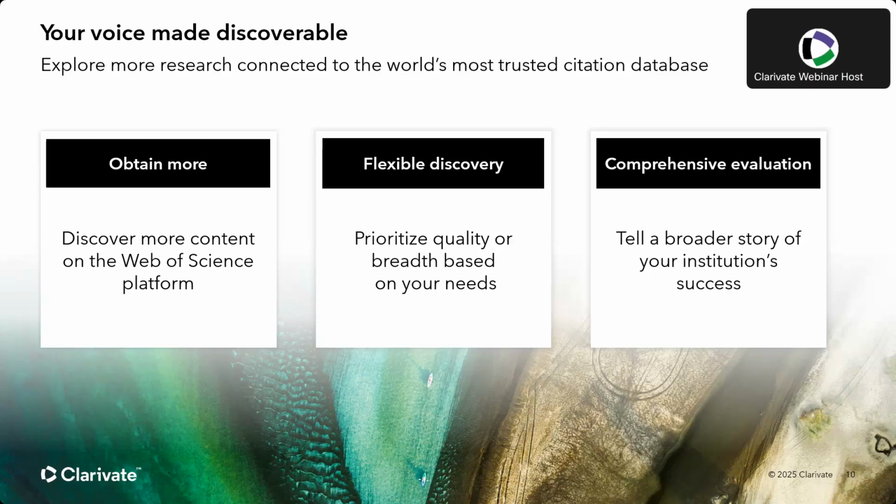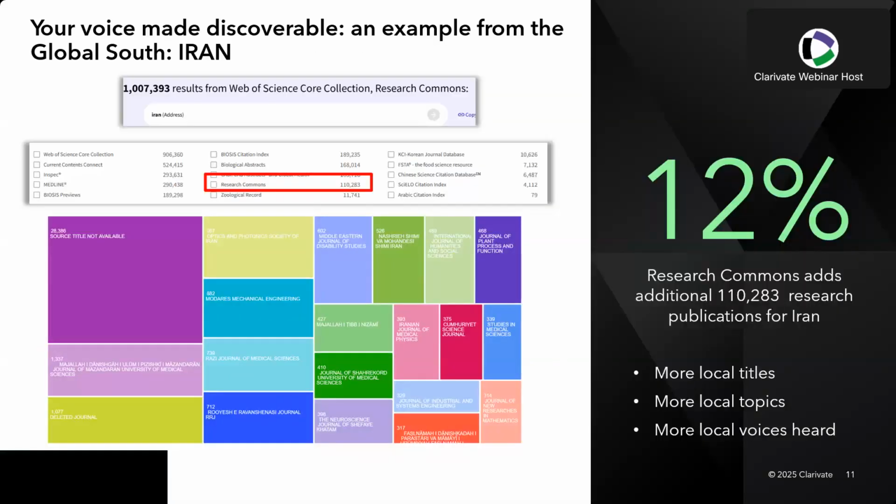And once you have more data, of course, you can tell a broader story and conduct a comprehensive evaluation by being more inclusive. I want to use an example, a country in the region. I want to look at Iran. And interestingly, if we look at the output of researchers from Iran in the Web of Science, we find quite a lot of content.